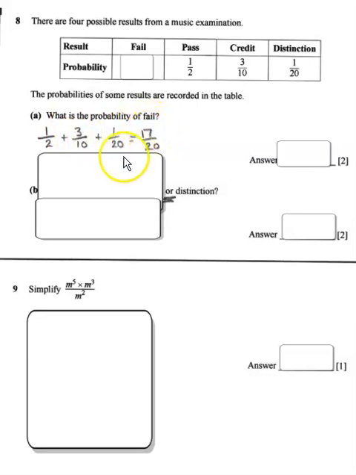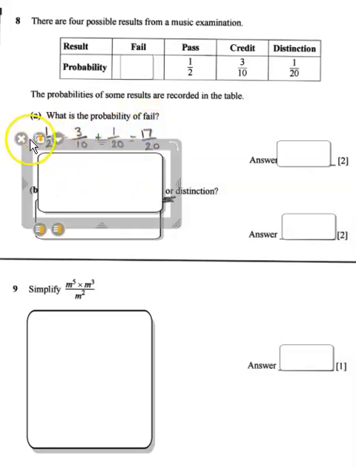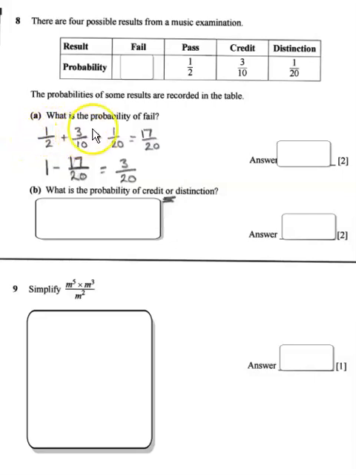Now remember, it's a calculator paper. So all you're doing is showing what you would put into a calculator, and you would get 17 over 20. Then you take it away from 1, because all of these added up should equal 1. So 1 take away 17 over 20 is 3 over 20. So that's the missing one for this one.